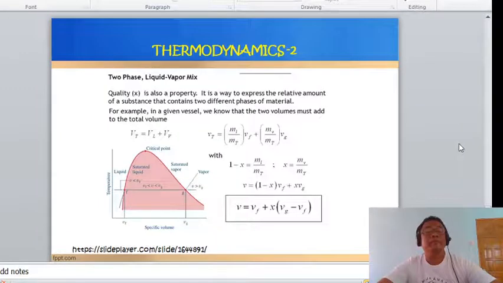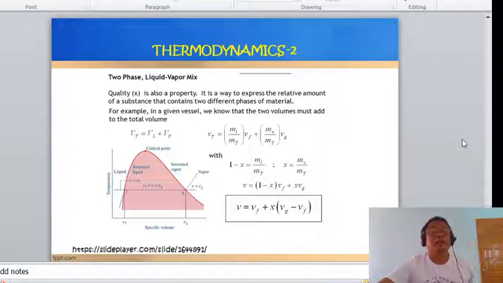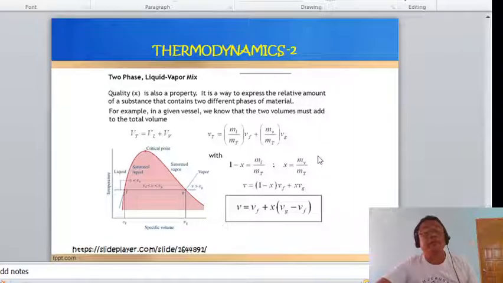Another, we have here, class, the formula for determining, let's say for example, the specific volume. The specific volume is equal to the specific volume of the liquid plus the quality of the steam, X, multiplied by the specific volume of the gas minus the specific volume of the liquid.